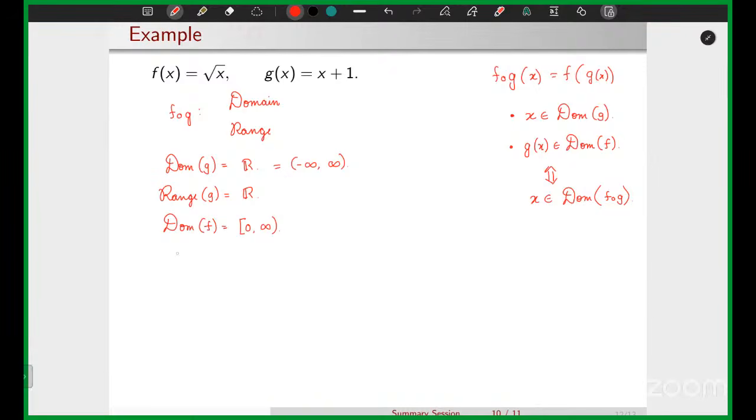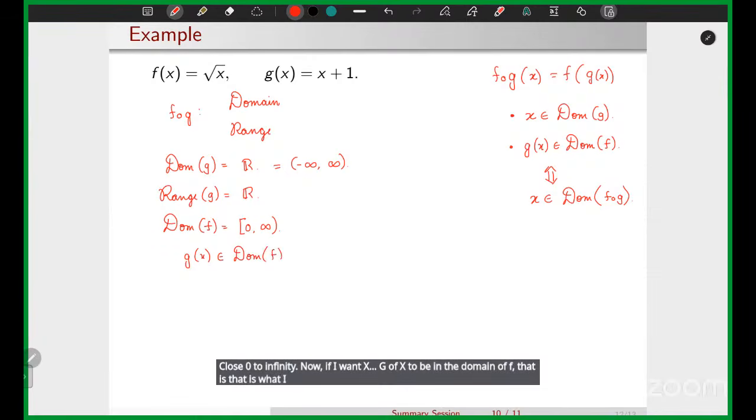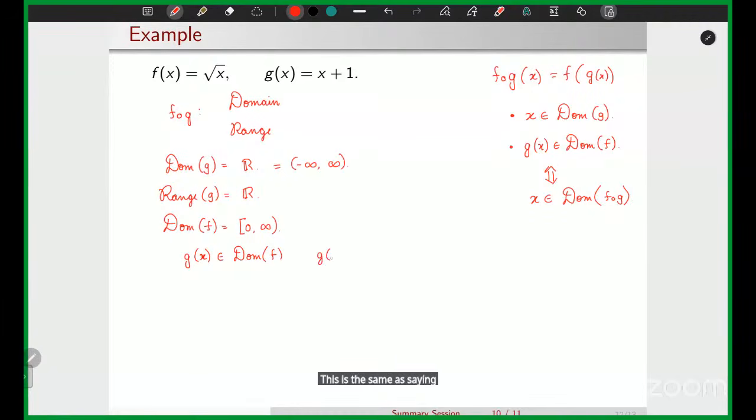Now, if I want g of x to be in the domain of f, that is what I have to check, right? That's what this says over here. Even otherwise, I want f to be able to act on g of x. So this is the same as saying g of x is in 0 to infinity. But what is g of x? That's nothing but x plus 1 is in 0 to infinity.